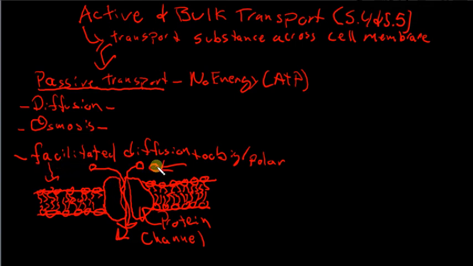That's facilitated diffusion. It's facilitated because the molecules either can't fit or are too polar, so they can't go through the membrane all by themselves. They just need this little channel to go through, this channel protein.